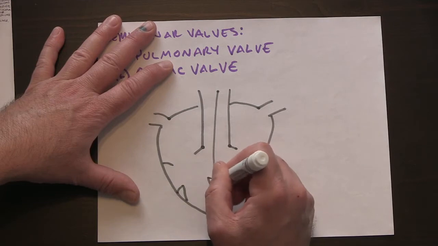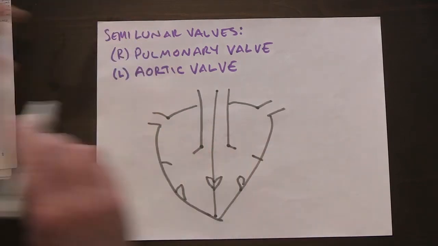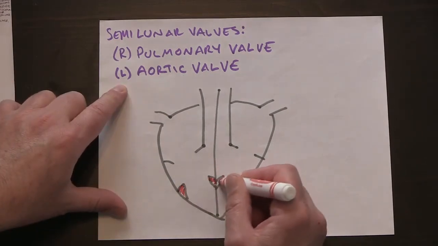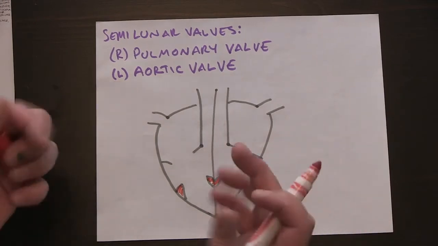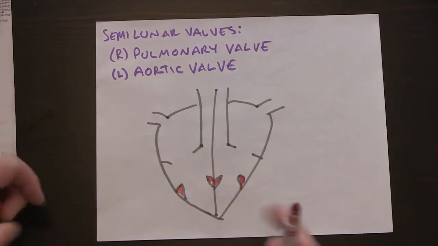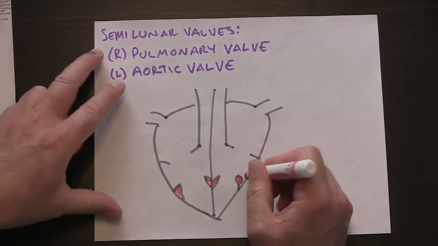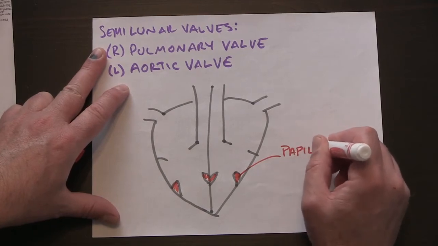And I'm going to add little structures here. These are little masses of muscle. They're like extensions of the myocardium, the heart's wall, and they make these little finger-like projections inside the chambers. In fact, papillary means, I think, finger-like.